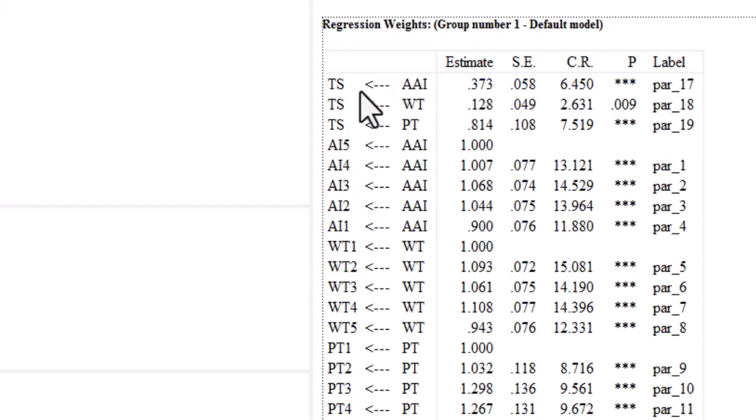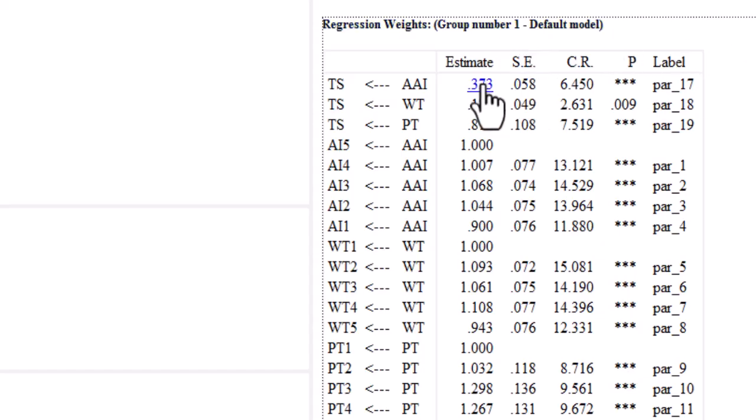The effect of AI on TS, the effect of WT on TS, the effect of PT on TS. These are the regression weights, the results of the regression weights.